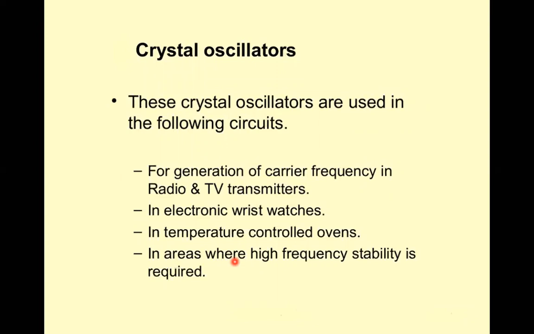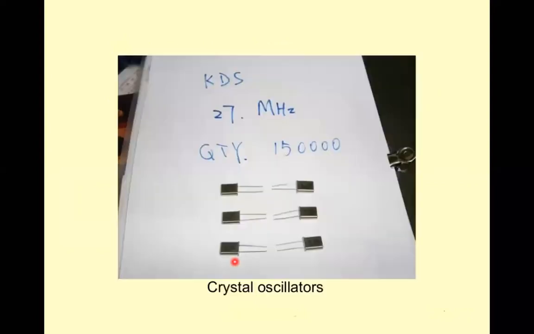These crystal oscillators are used in the following circuits: for generation of carrier frequency in radio and TV transmitters, in electronic wristwatches, in temperature controlled ovens, and in areas where high frequency stability is required. This is one of the crystal oscillators, which is a 27 megahertz one. Look at a few of the pictures.